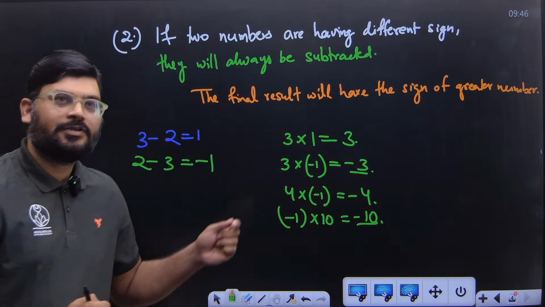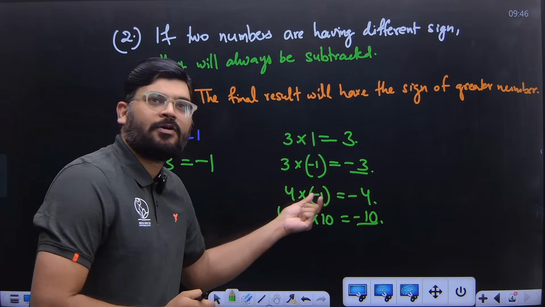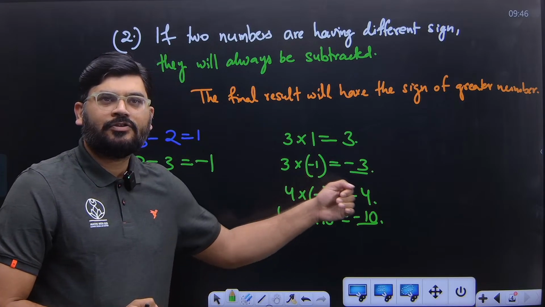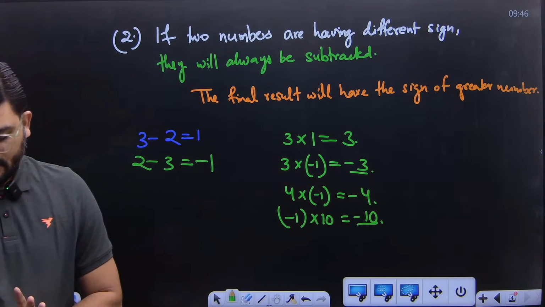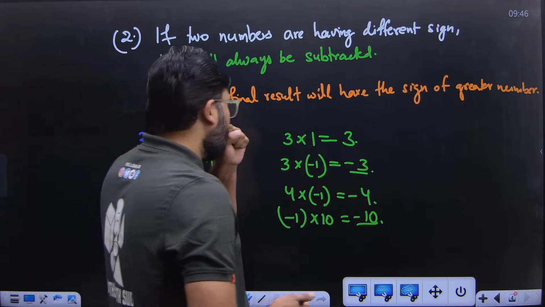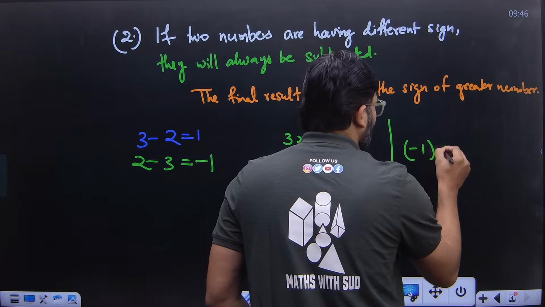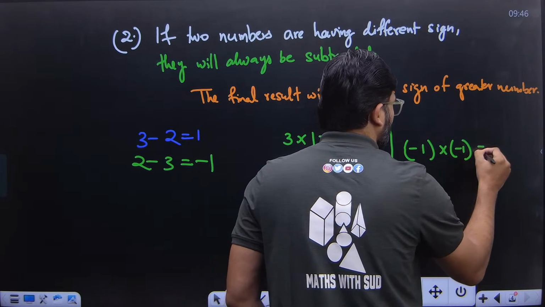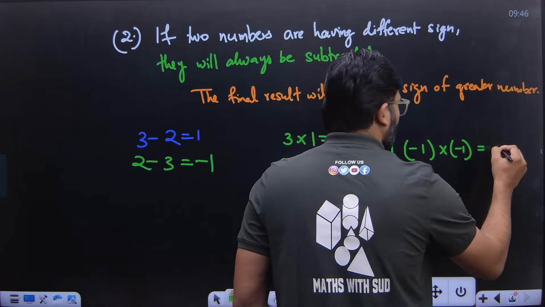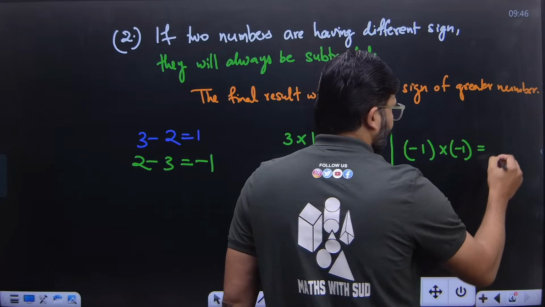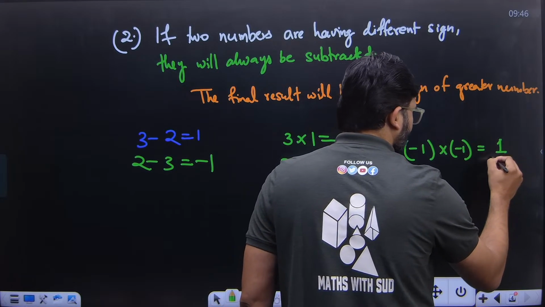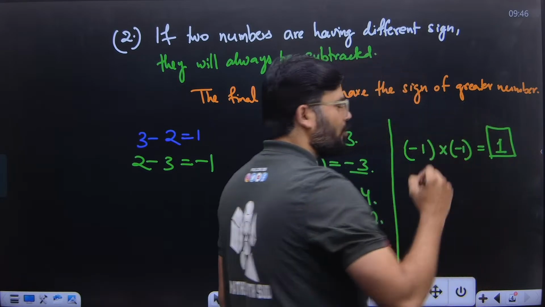So negative 1 here or here, no issue in that. You will get negative 10 like that. But you know what? If you multiply negative 1 by negative 1, this is going to be positive 1.